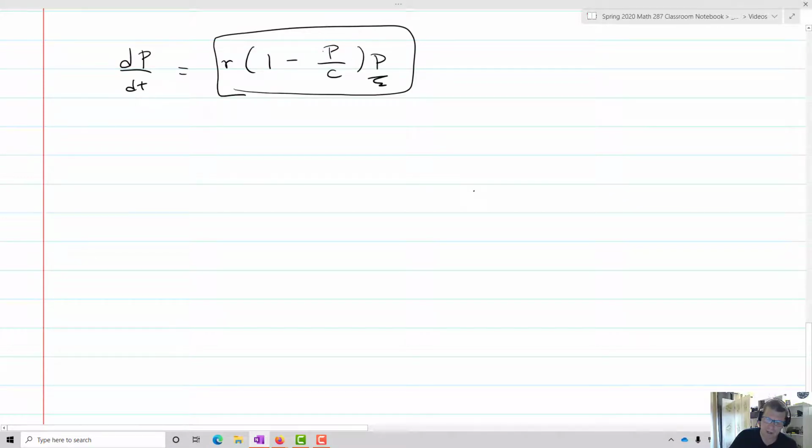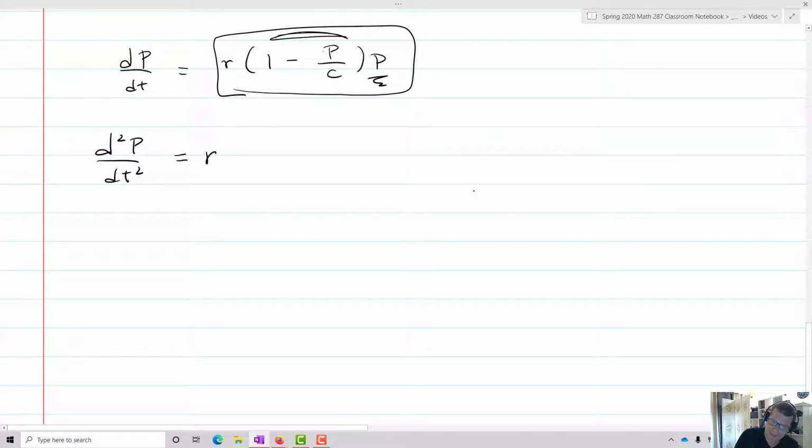So for our changes in concavity, remember again, we've got dP/dt is going to equal r times 1 minus the population over the carrying capacity times P. So now we're going to look for those changes in concavity. So we're going to get d squared P/dt squared is going to equal, and r is simply a constant.